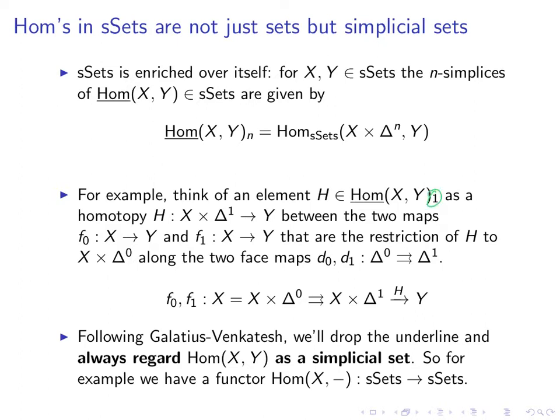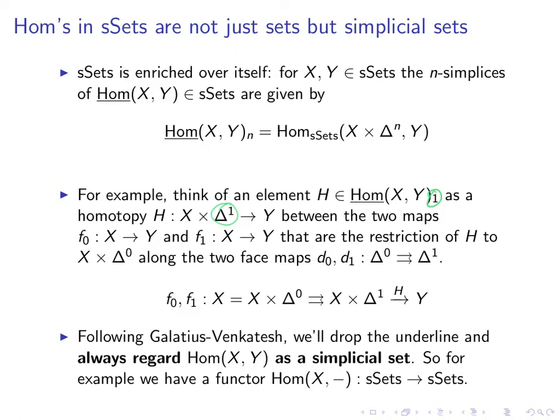And then as an example, a one-simplex between X and Y, you can think of that as a homotopy between the two maps f_0 and f_1 that are the restrictions of the Delta^1 to its two endpoints.